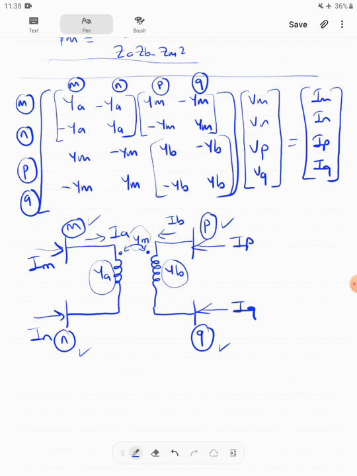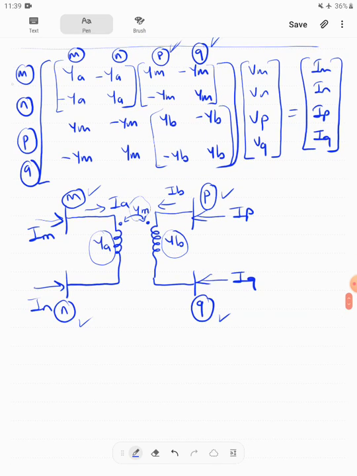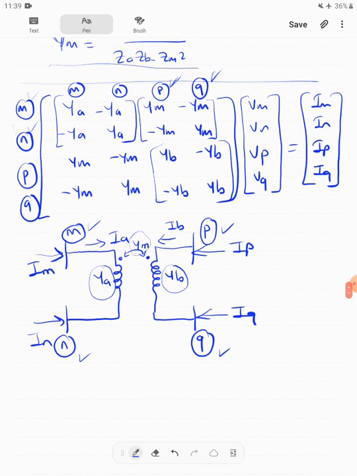As a row name, we have M and N, but as a column name, we have P and Q. So let's try to set up a relationship between this notation and this figure.